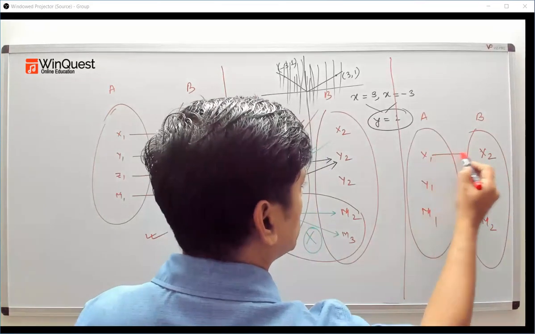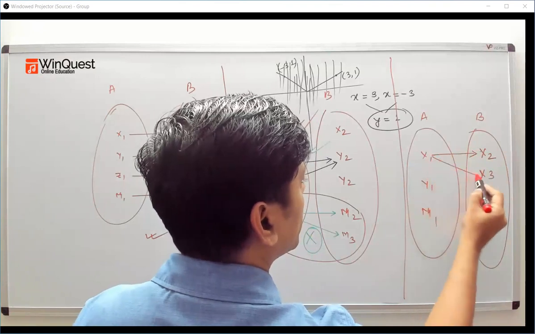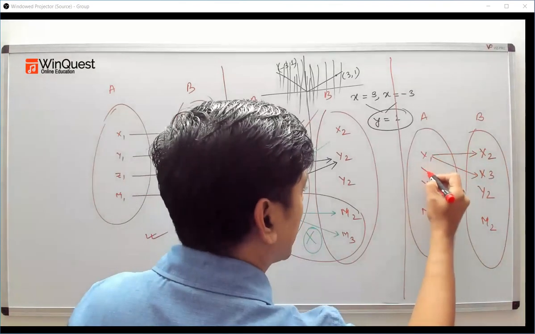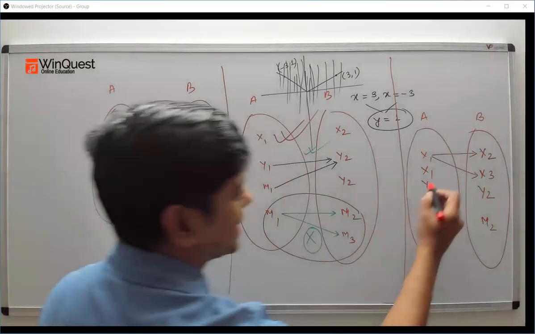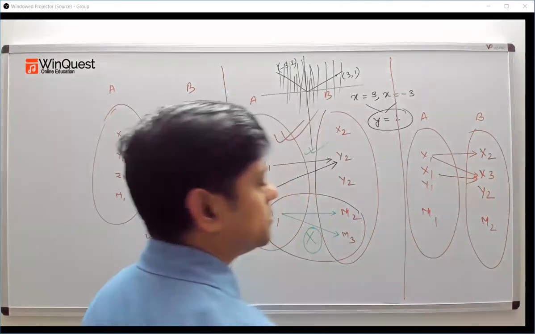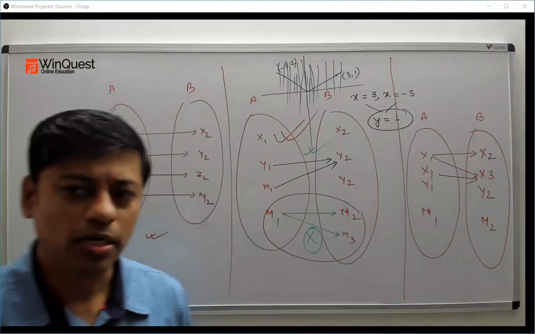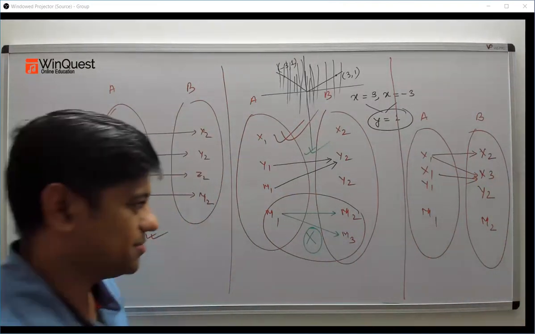If I make a correspondence like this, with X1 repetitive here, whatever you want to make, this is incorrect.